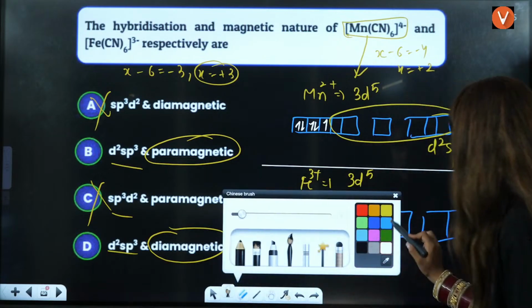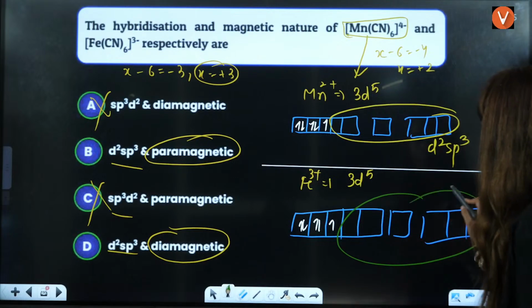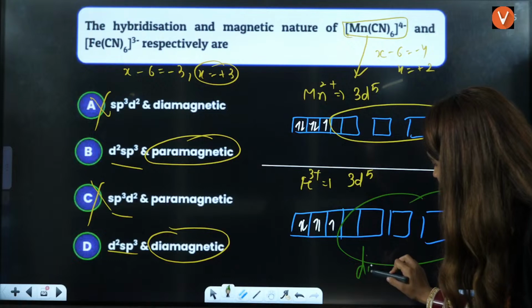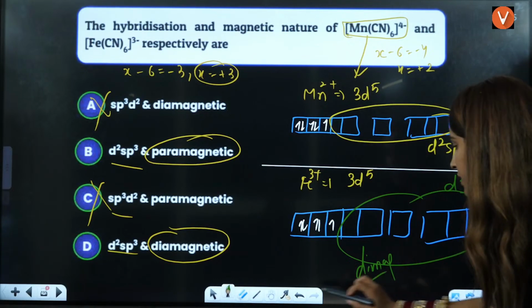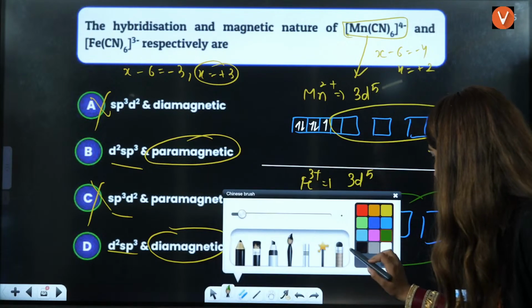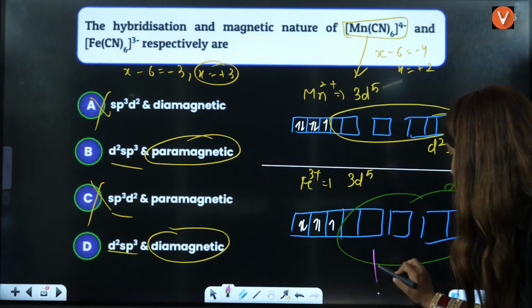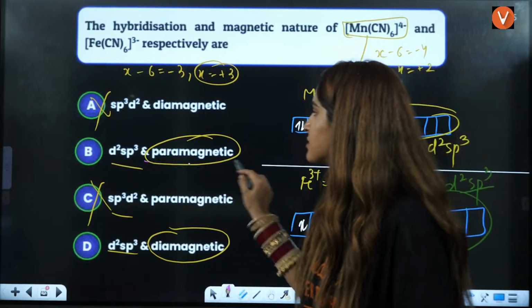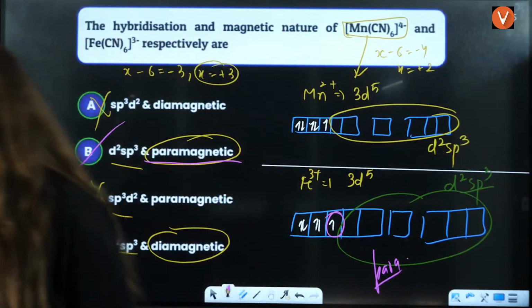And you will be left with d2sp3, okay? And it is going to be paramagnetic because you have one unpaired electron. So B is the correct answer.